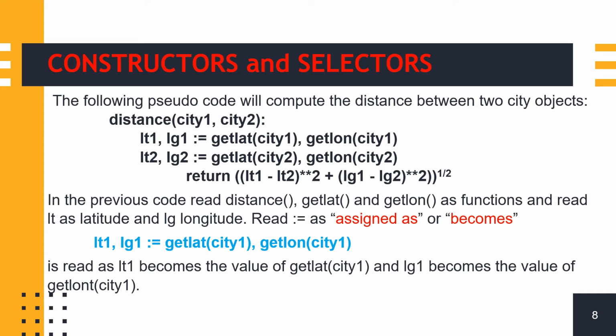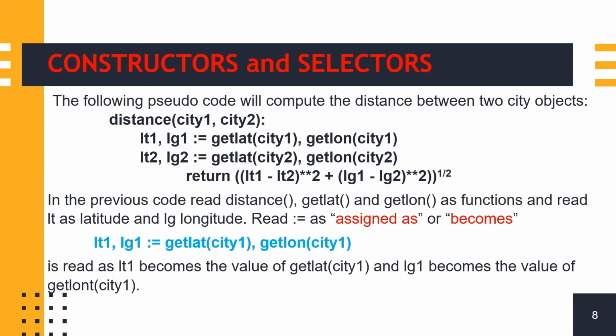In the previous code, read distance, get_lat and get_lon as functions, and read the := as assigned or becomes.